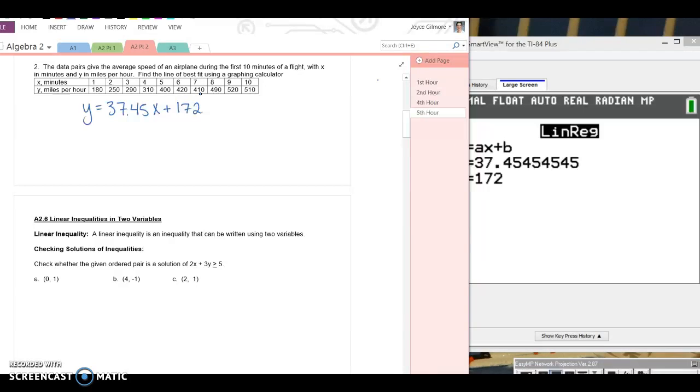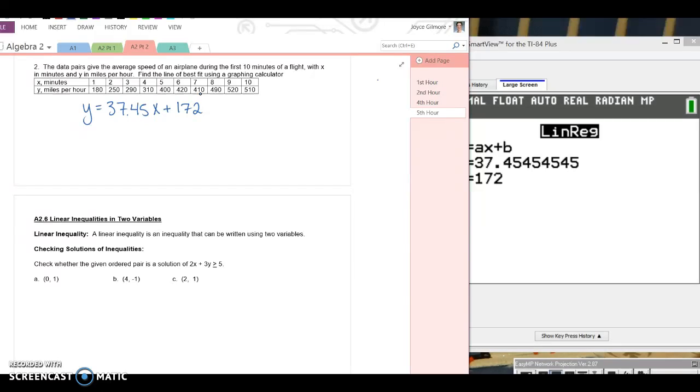Okay, now if all I was asking you to do is enter data into the calculator, punch, punch, punch, write down an equation, I'm really just asking you to be a robot. So I'm not just going to ask you for the equation. We now need to take this equation. We're going to save time by not graphing it, not getting our own line. We're going to make the calculator do all of that dirty work for us.